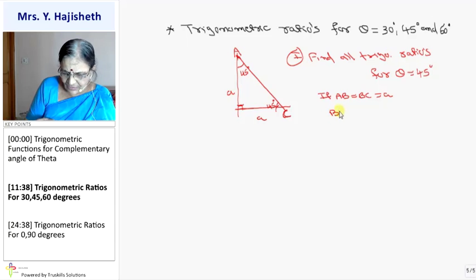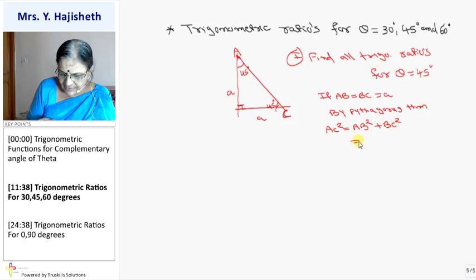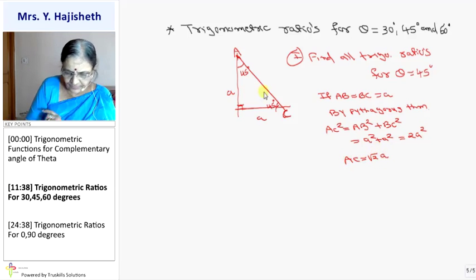Then by Pythagoras theorem, AC square is AB square plus BC square. So it is A square plus A square. So 2A square. So my AC will be root 2A, okay? I got all the three sides.